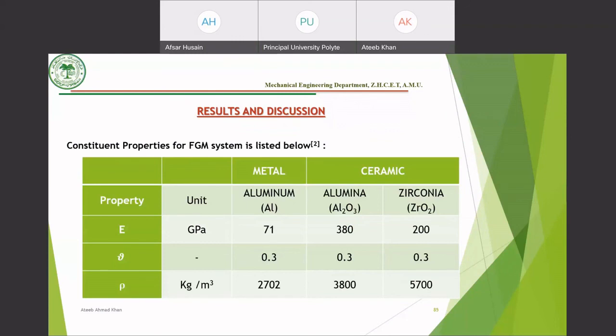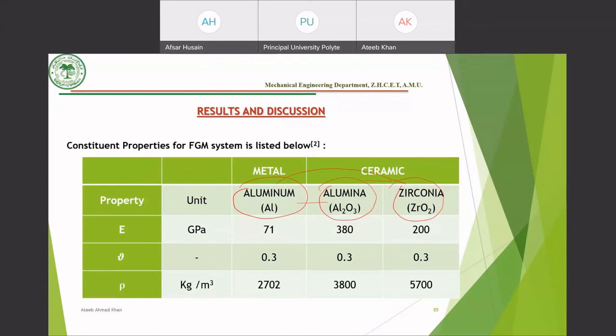Now, as I've told you, somebody has already asked this question in the beginning of the lecture. For the metal part, I have only used aluminium, and for the ceramic part, I have used alumina and zirconia. So basically, I have two systems: aluminium-alumina and aluminium-zirconia systems.